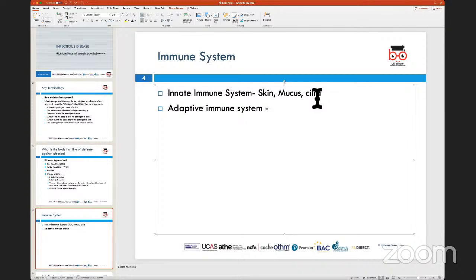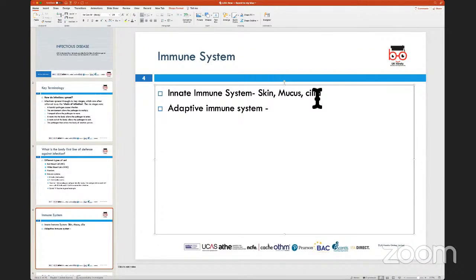That means physical defenses have been breached. That means if I get a cut on my skin and blood starts oozing out, that means the physical barrier, which is the skin and the skin lining that we have, has got punctured, and that would not then be safeguarding us from getting an infection.